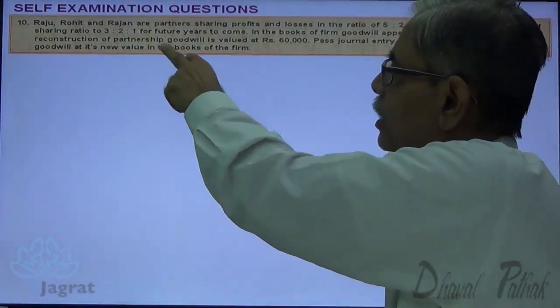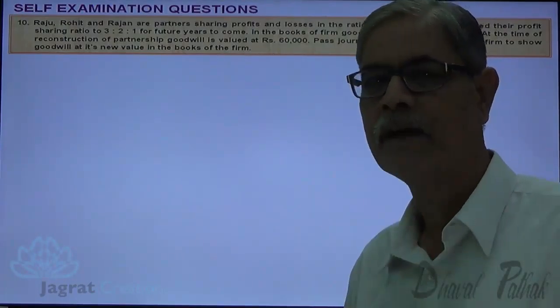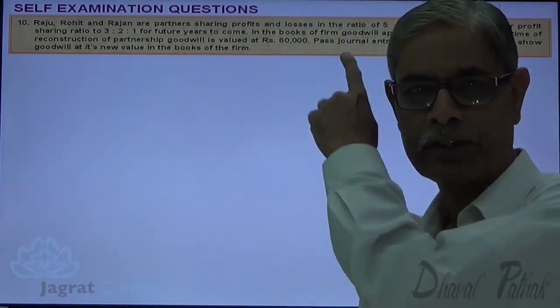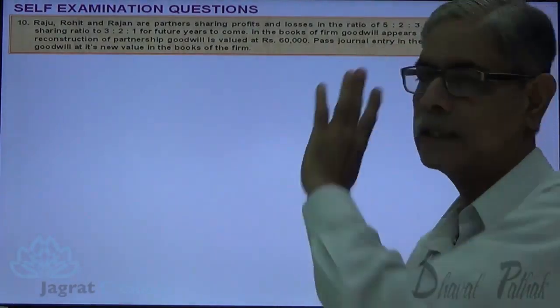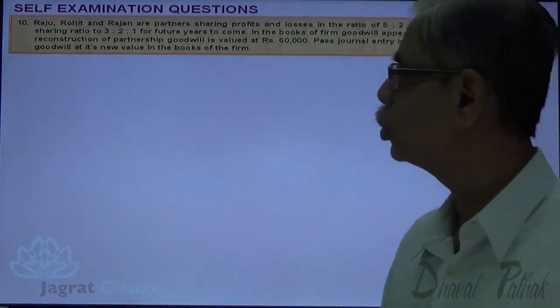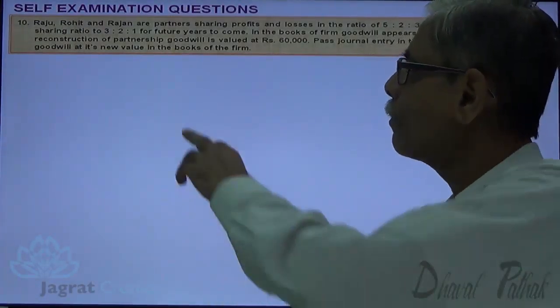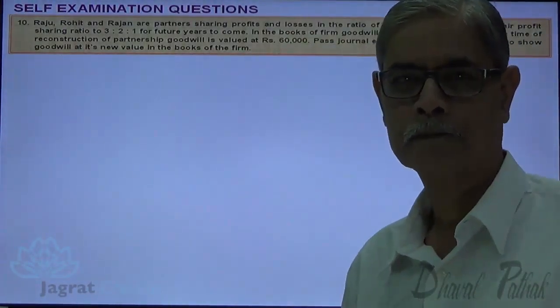At the time of reconstruction of a partnership, goodwill is valued at 60,000, a decline in value of asset. It was 66,000 in the books, now its valuation is 60,000. Pass entries in the books of the firm to show the goodwill at its new value.